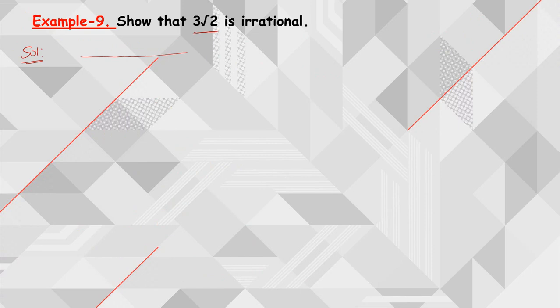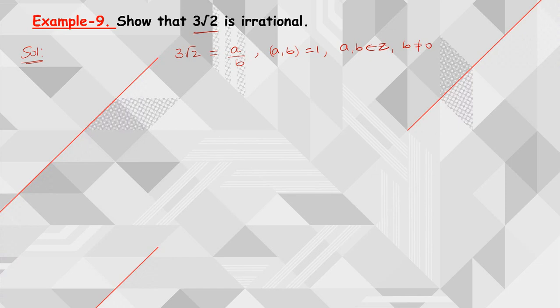So when 3 root 2 is rational, then we can write this as 3 root 2 is equal to a by b, where the HCF of a, b is 1 and a, b belong to integers and b is not equal to 0.